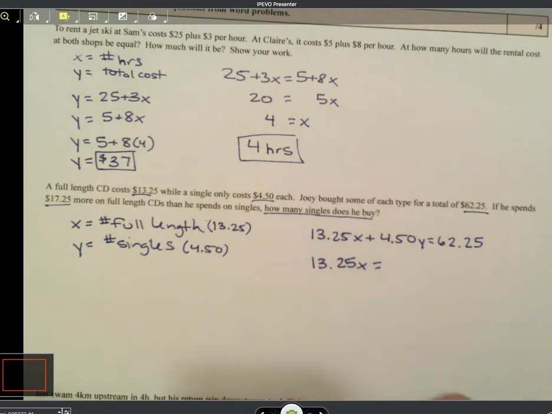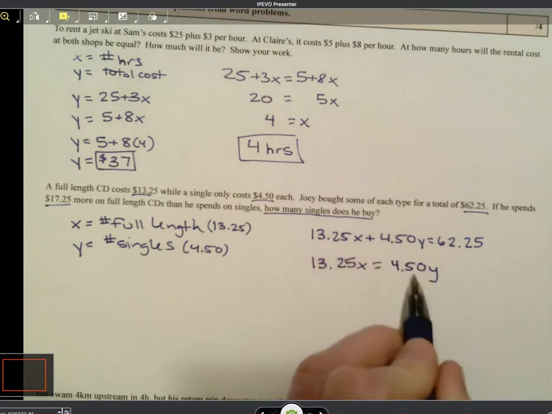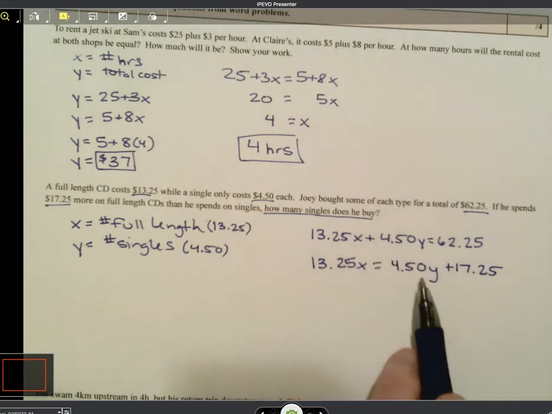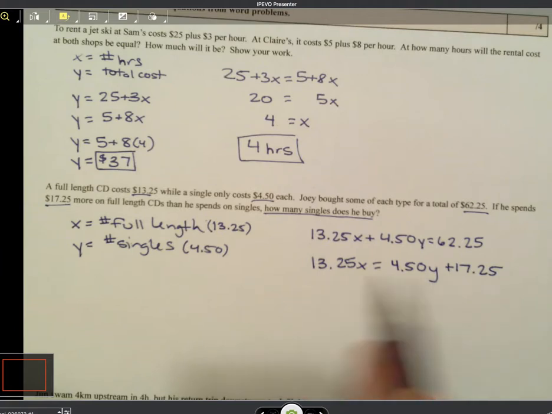To make this equation balance, I'm going to put the singles over on the other side. That's how much he spent on singles. To make these equal, I have to add $17.25 to this side, because he spent less on singles, so I have to add $17.25 to the single side to make this equation balance.